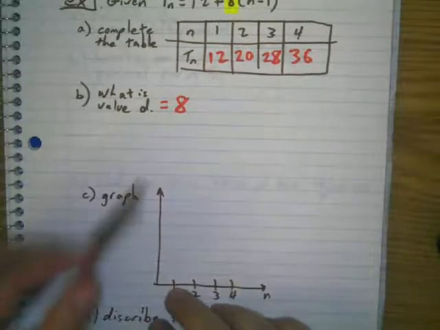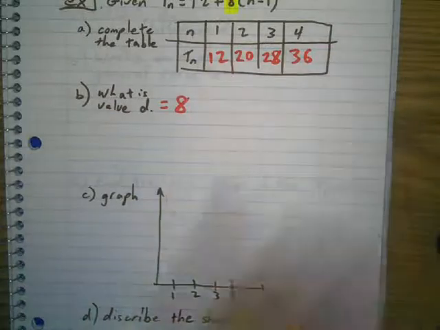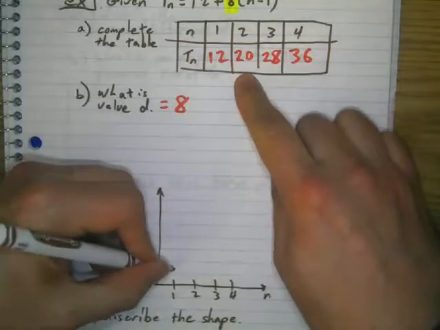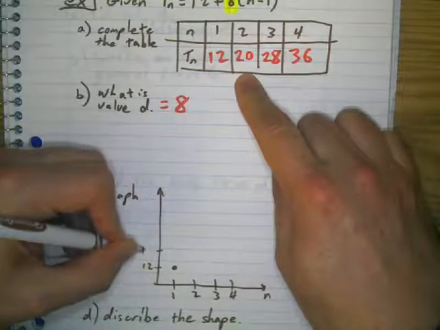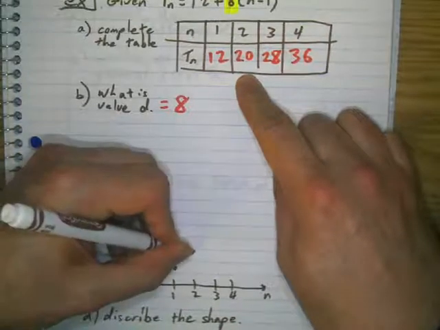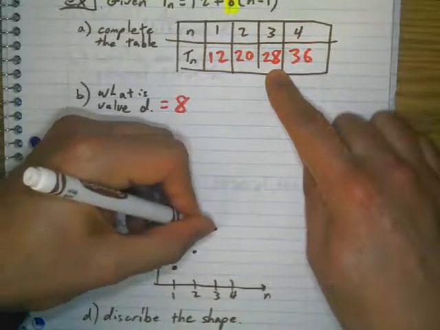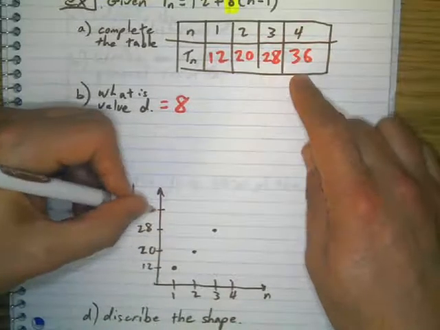Okay, so the graph. The first number is at 12. The next one is at 20. The next one is 28. And the next one is 36.